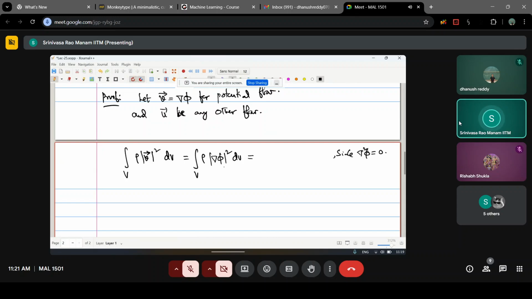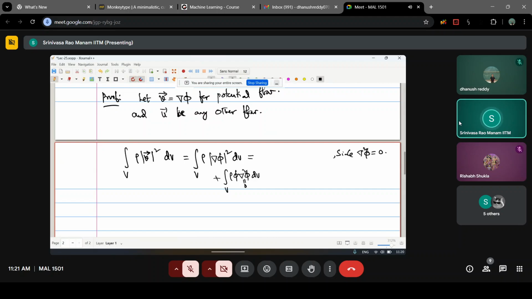Since del square phi is 0, we can add this plus integral over V rho del square phi into del square phi rather, dV. This is anyway 0, so I'm not getting affected.